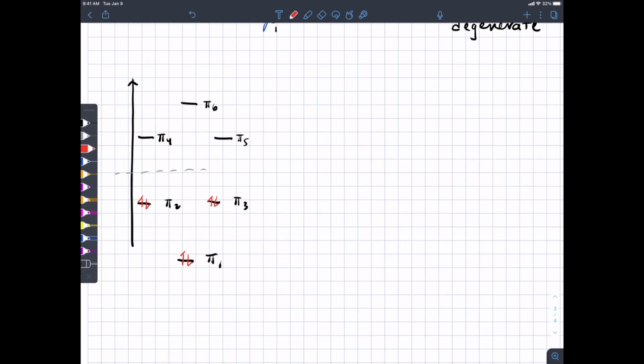The 2 reflects the fact that in an aromatic molecule, you have 2 electrons in this lowest energy stabilized orbital, and then thereafter you have pairs of degenerate orbitals that can each accommodate 2 electrons, so you have 4 electrons total from 2 degenerate pi orbitals.